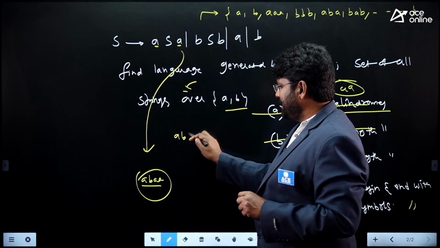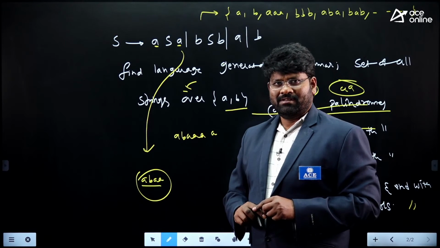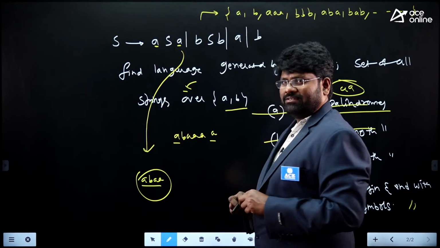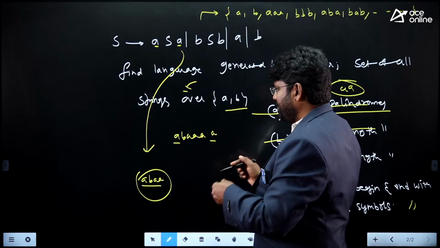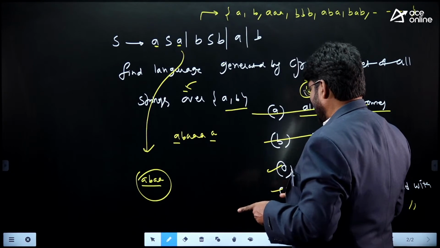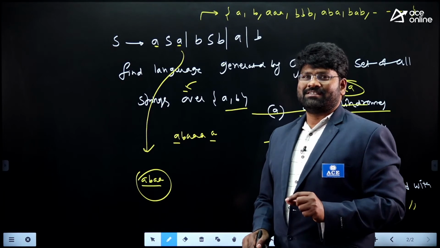Suppose I take ABA here. You know the first member and last member are the same symbols, but this is not a palindrome. So that's why you have to think this way. D is not the right answer. Only C is the correct answer.